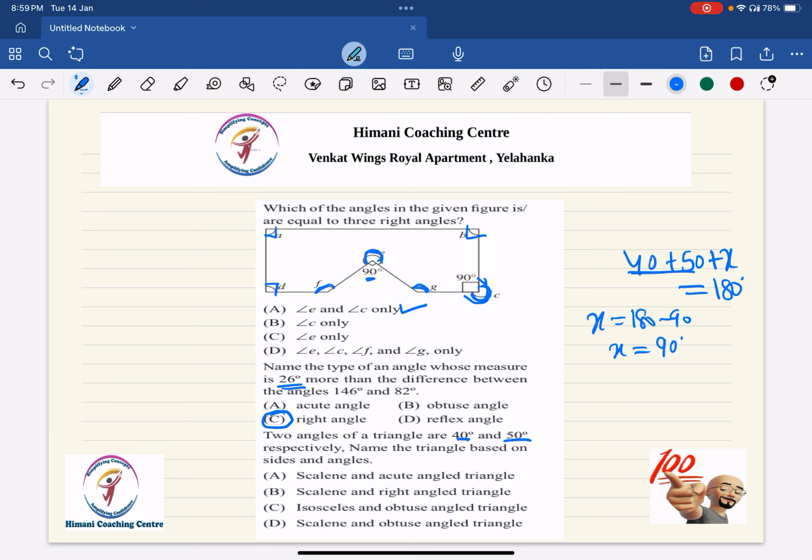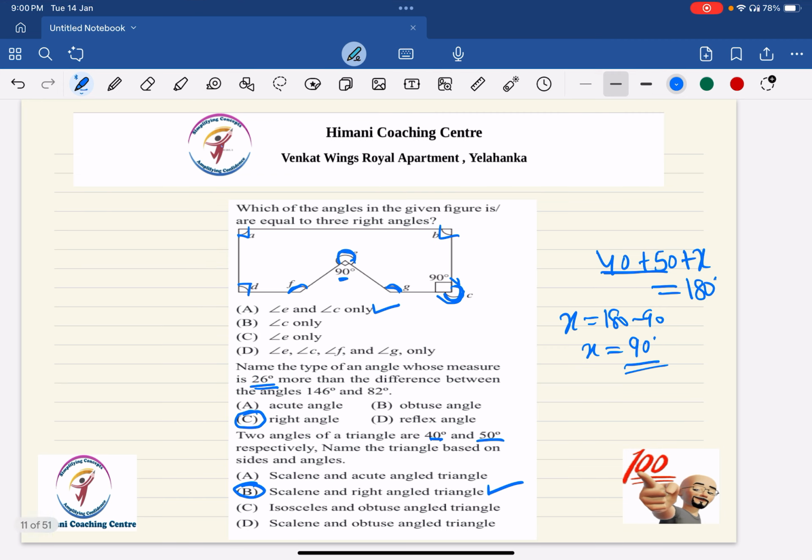So sides opposite to unequal angles would be unequal. So a triangle with all three sides unequal is called a scalene triangle, and it has a 90 degree angle. So let us look at the options. So A is scalene and acute, B is scalene and right angled. So we will choose B. Okay. So B is the answer for this.